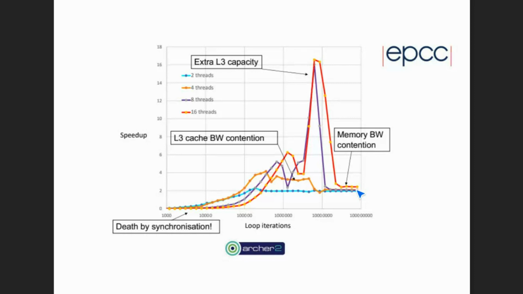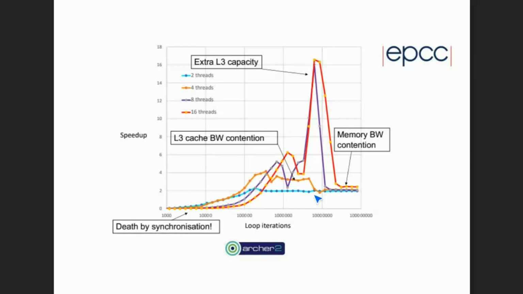Laura says, can we go over the origin of the peak again? Yeah, remember what we're doing in computing speed up is comparing the execution time of the parallel loop to the sequential or one thread version. For this particular data size, the array does not fit in one level 3 cache.